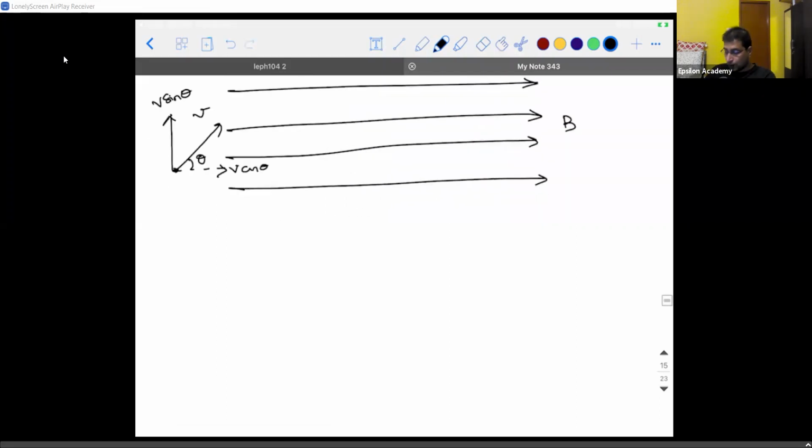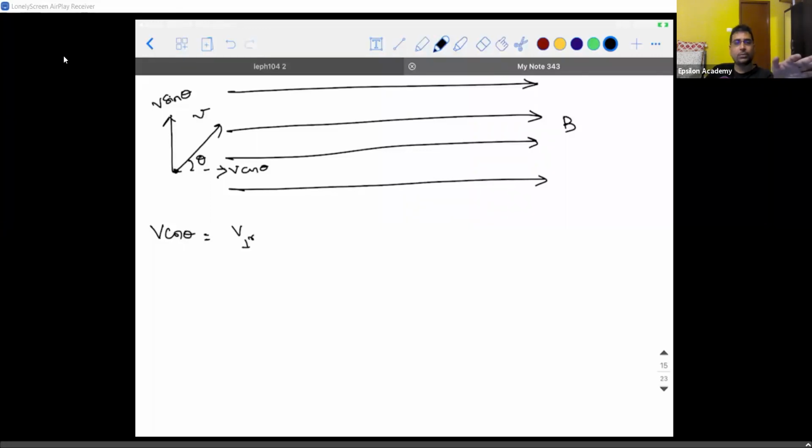Now observe, v cos theta is called the v perpendicular component. Why am I calling it v perpendicular? It is perpendicular to the magnetic field. Similarly, v sin theta can be called v parallel.